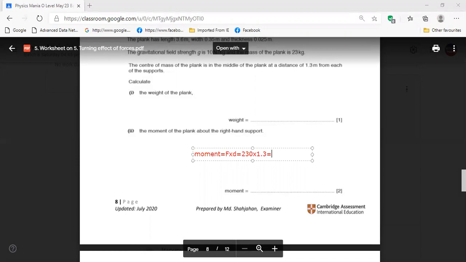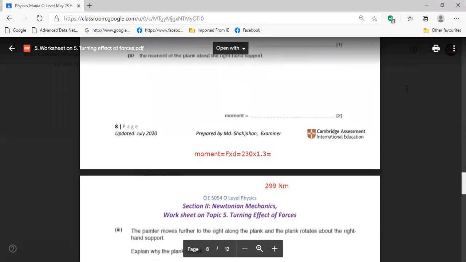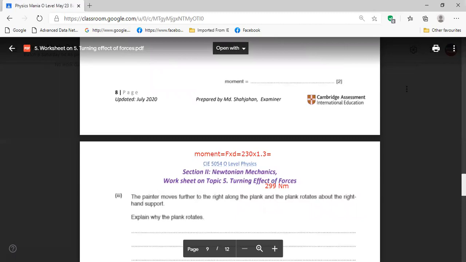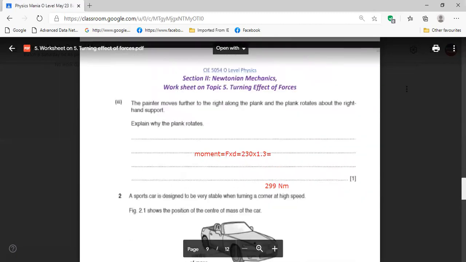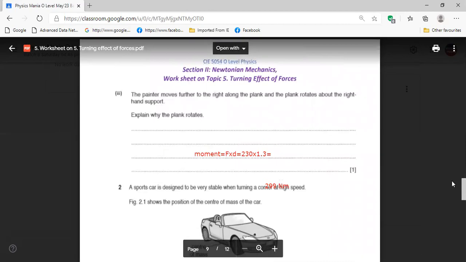Is it clear? So what is the answer? It comes to 299. Okay, write here 299 newton meters. Is it clear now? Is it exactly 299, or do you have decimal points? Exactly.